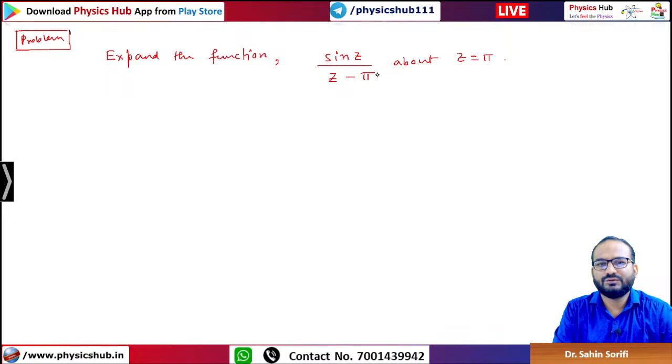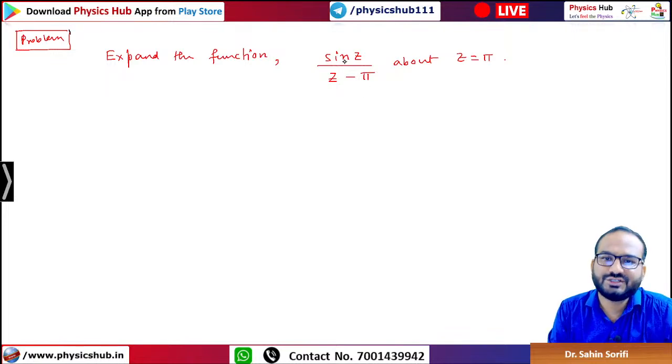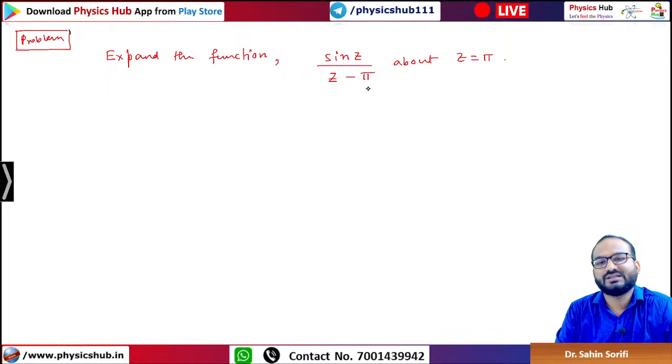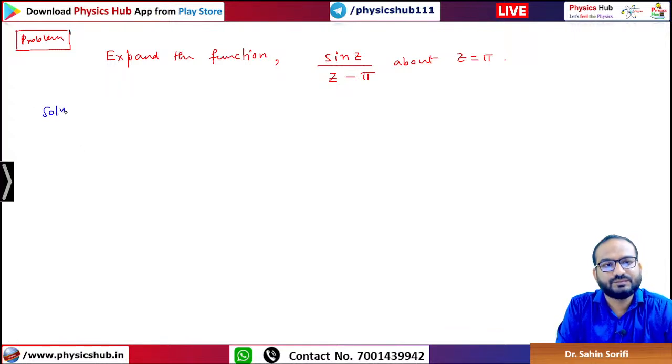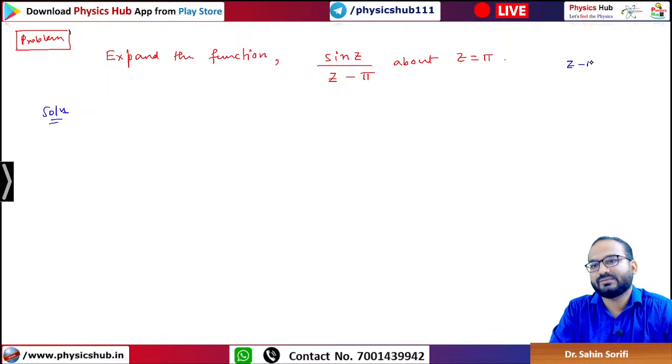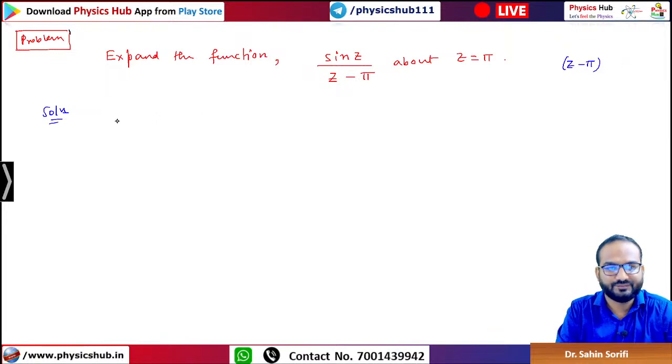So how will you do this problem? Expand the function sin z by z minus pi about z equals to pi. Look, as I told you, about z equals to pi, the terms in the expansion will come in terms of z minus pi.